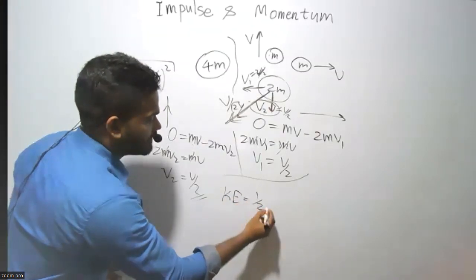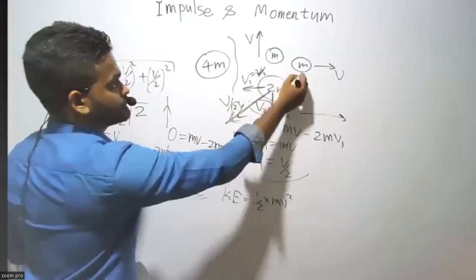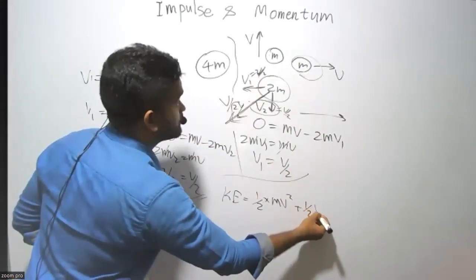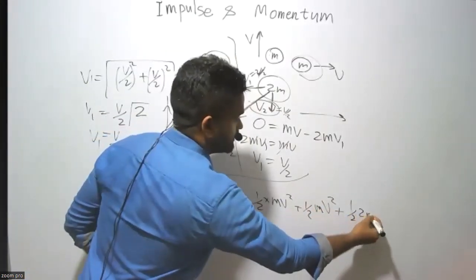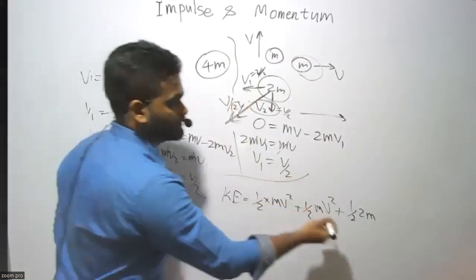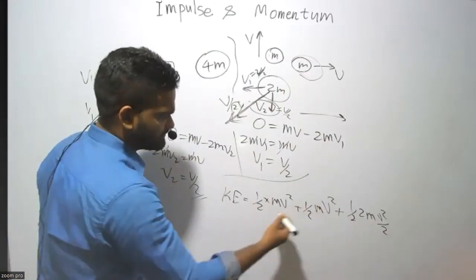So let's find that. Half mv squared, plus half another mass mv squared, plus half another mass 2m. It has a velocity v over root 2, so v squared over 2. Then simplify this.